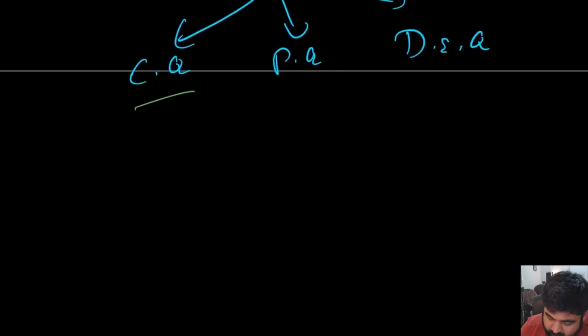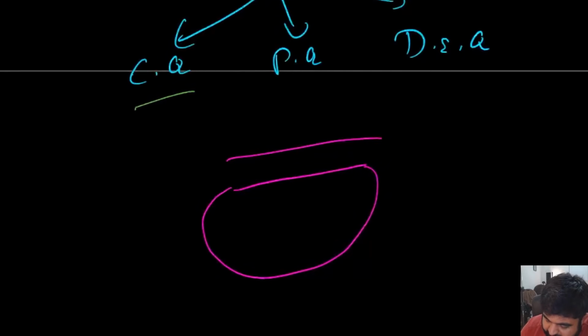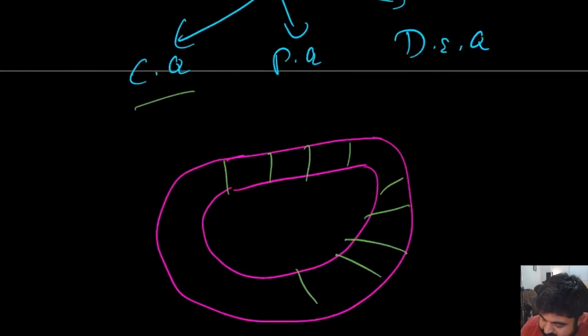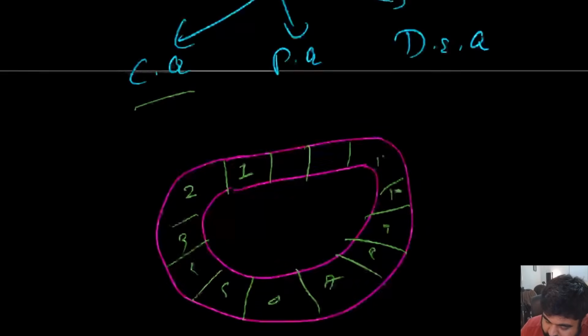A circular queue, as the name suggests, is not in a single linear fashion but rather in a circular fashion. All the elements that we keep on inserting get added one after another, and they have some very specific use cases. Let's say that the very first element we add is value number 1, the next element is 2, 3, 4, 5, 6, 7, and we keep on adding values again and again.